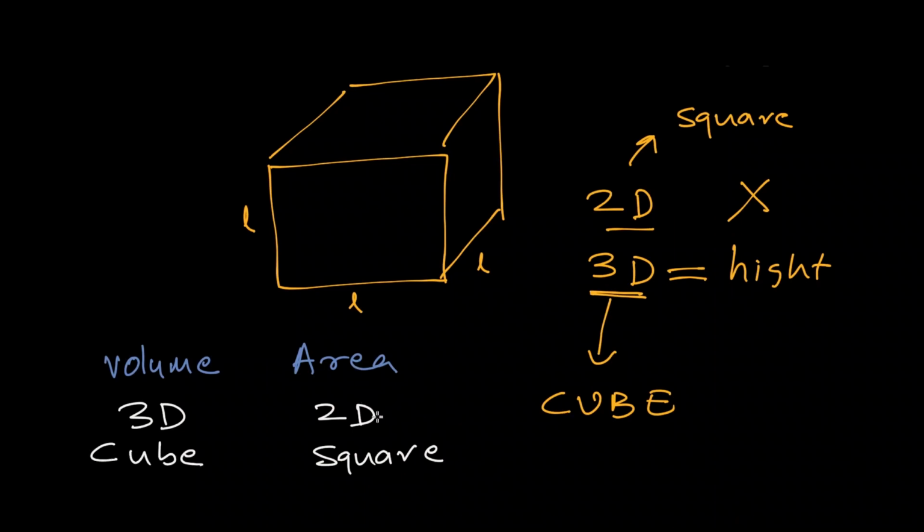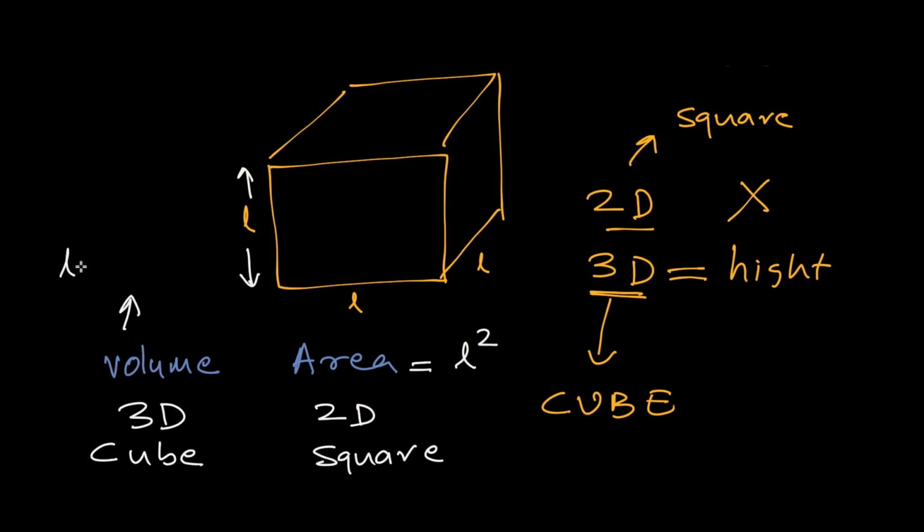Now what is the area for the square? It is L into L, so it is going to be L square. Now for the volume we are just increasing the height. So this area multiplied by the height makes the volume. So what is the volume?